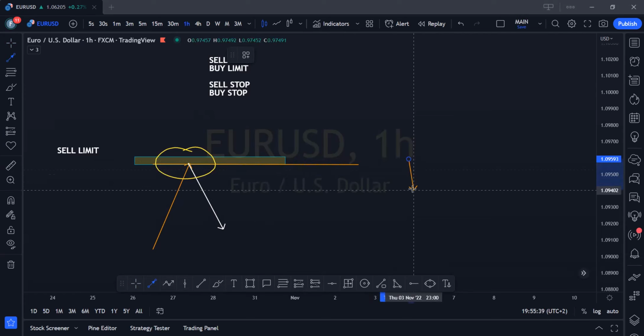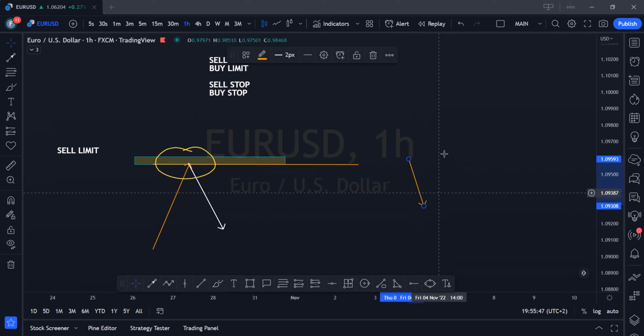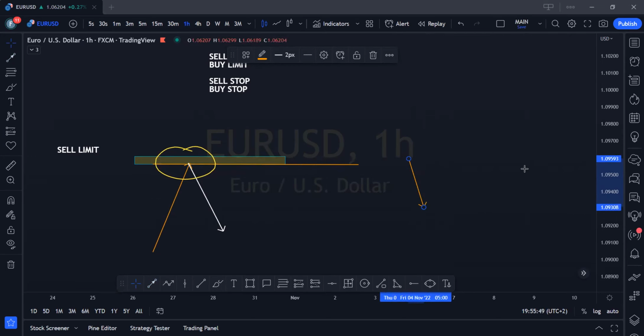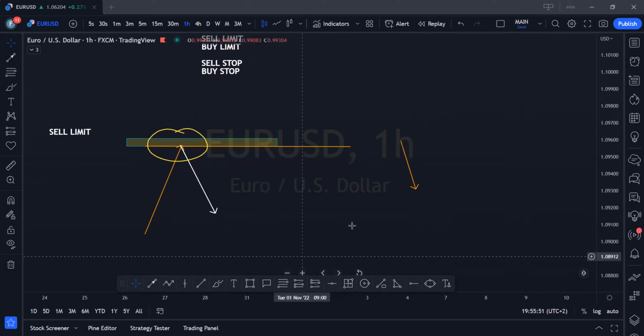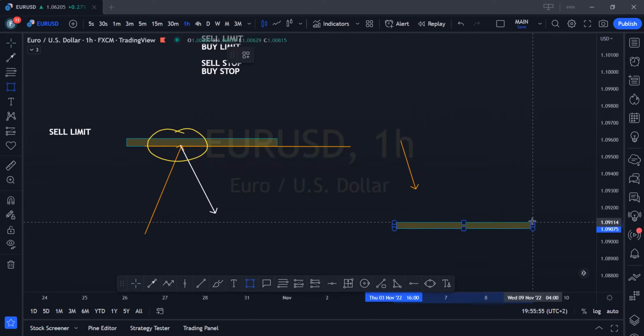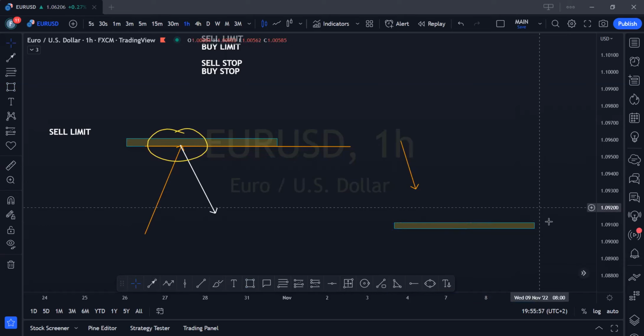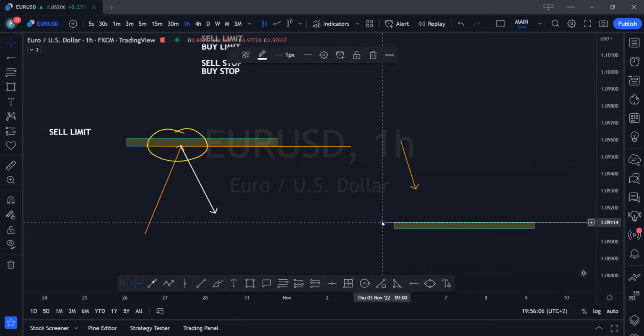So market price direction is going down. This is the direction of the trade. But for you to enter a reversal, that means you are anticipating that price would go up at a particular point. So based on your analysis, you think that if for any reason price comes down into this place, you think that price should start buying anywhere in this zone. So over here, you want to place a buy limit.